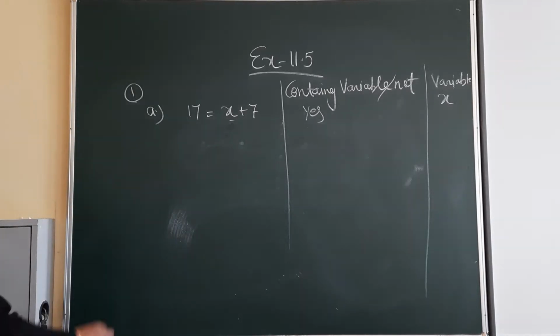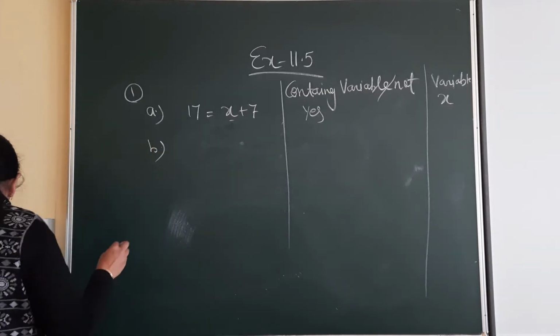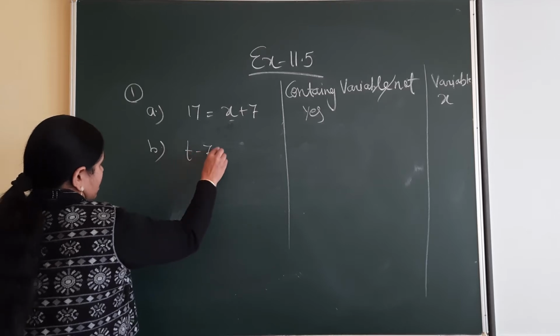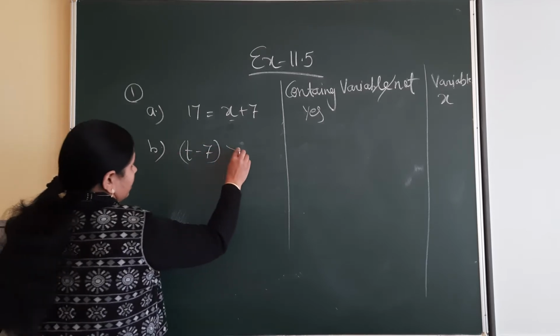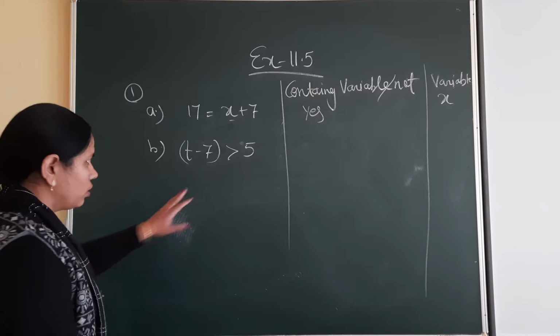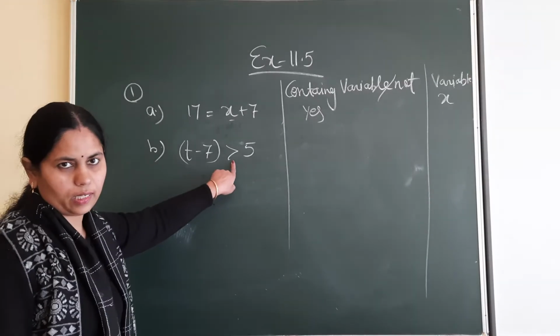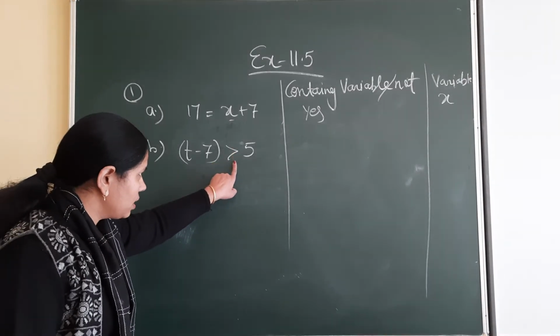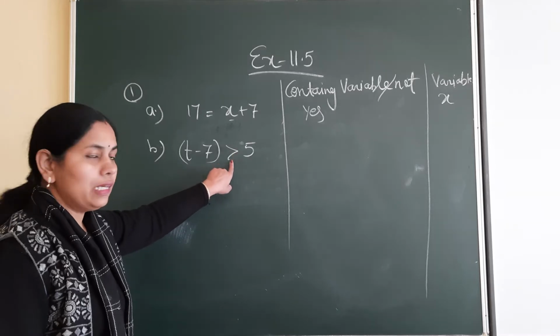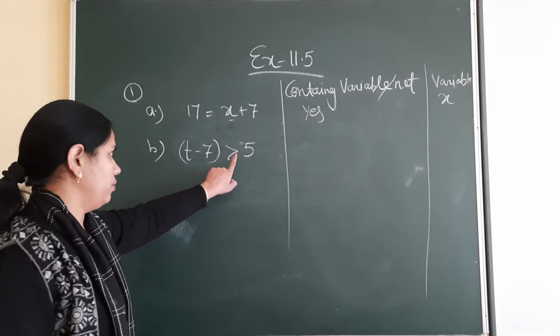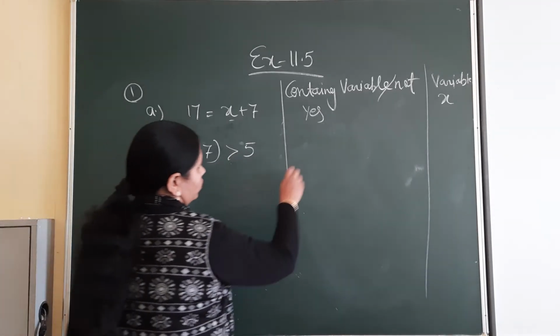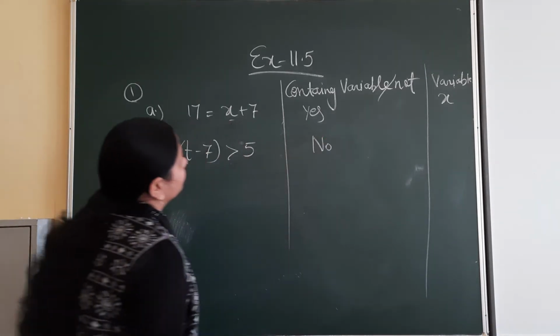Now in next B part, equation is given t minus 7 greater than 25. So this is not the equation, as we are seeing this greater than sign. At the place of greater than sign it must be is equal to sign, that is equality sign. So here we are seeing greater than sign, so this is not the equation.